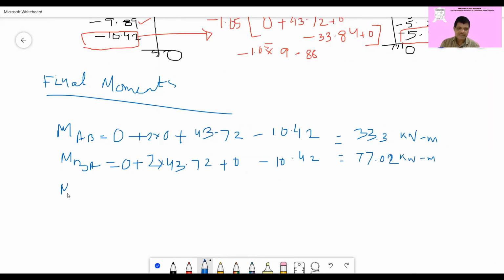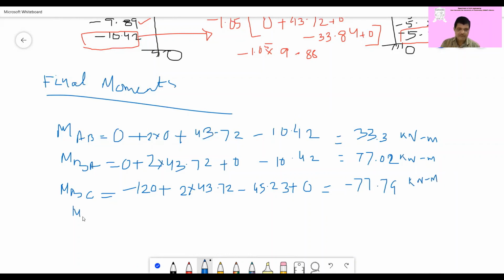And then MBC, there will be no displacement factor here. Minus 120 is the fixed end moment, plus 2 times 43.72 is the near end moment, minus 45.23 is the far end moment, plus 0 is the displacement contribution because it's a beam. So it becomes minus 77.79 kilonewton meter.